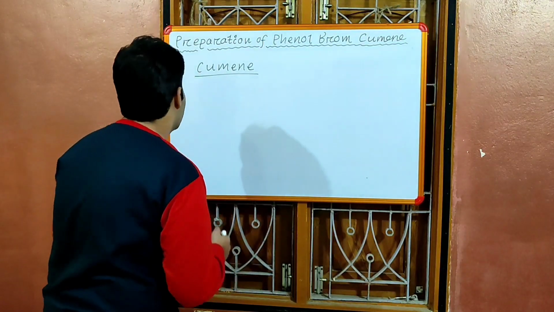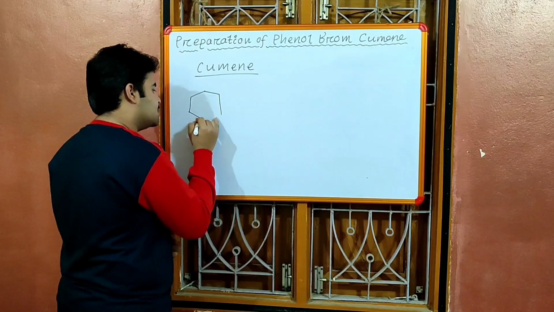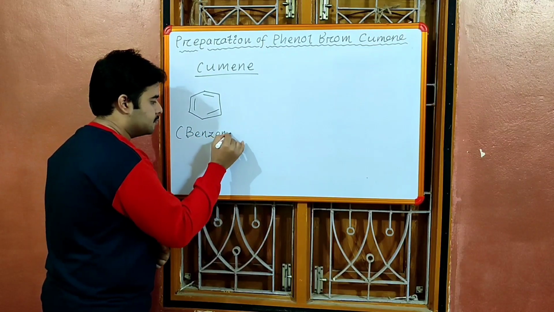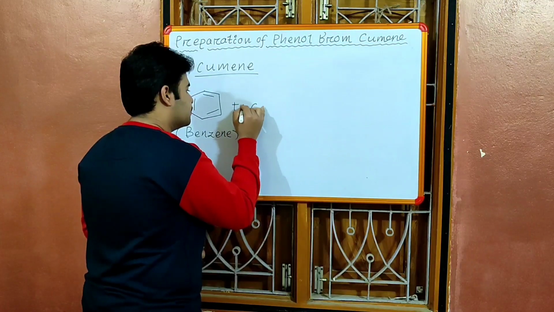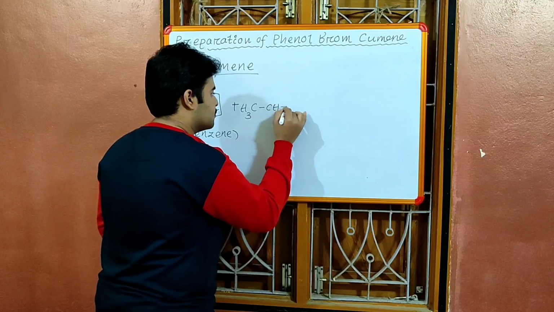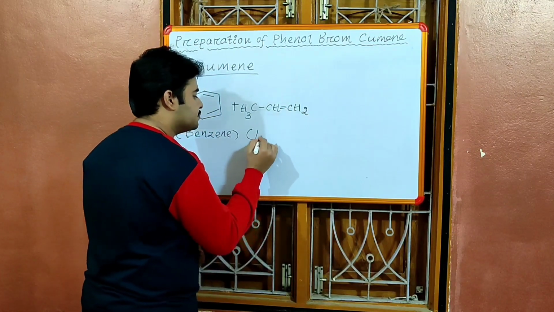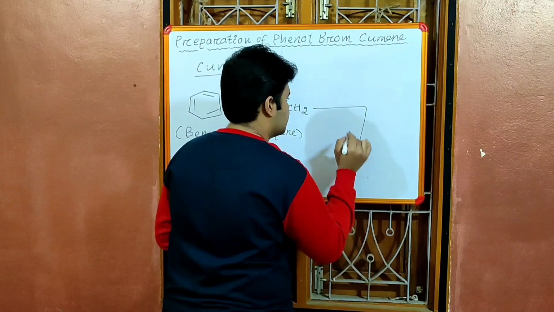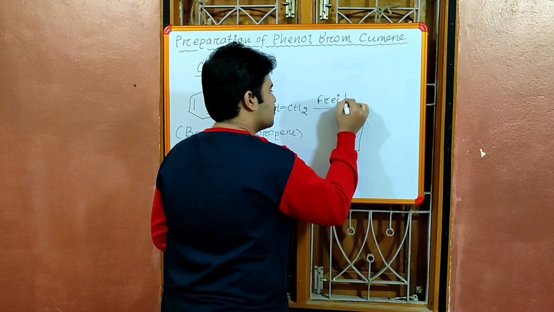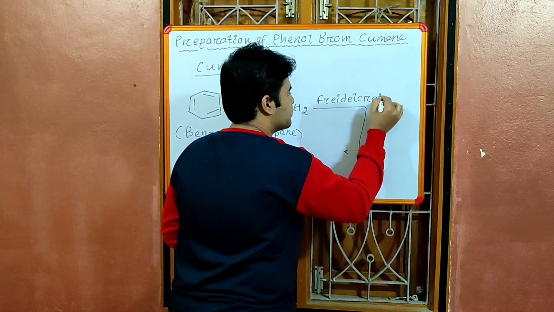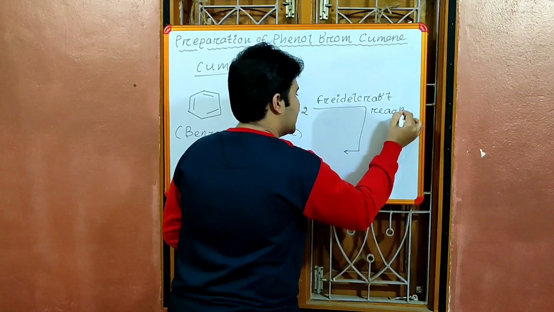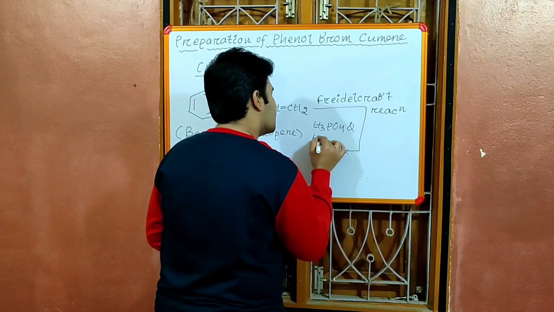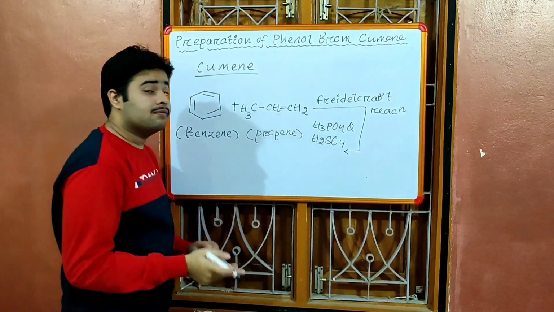So the reaction is just like this. When our most loved benzene, this is our benzene, is treated with propene, this is our propene, and it undergoes Friedel-Crafts reaction in presence of acids, like phosphoric acid and or sulfuric acid, then it will give us our cumene.